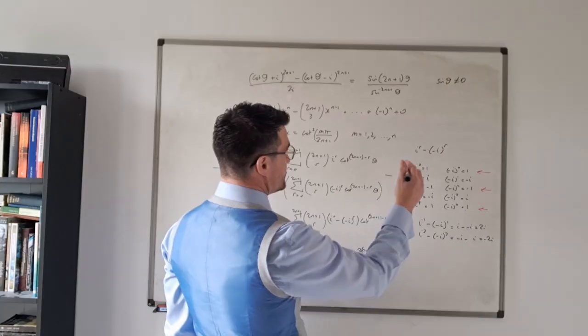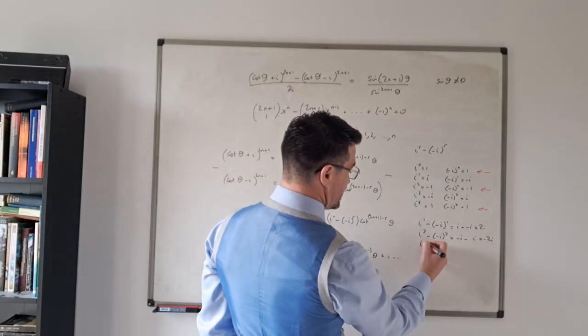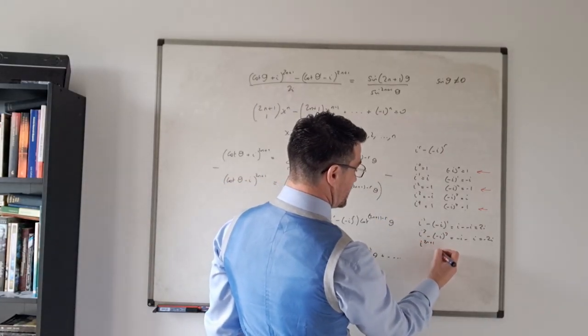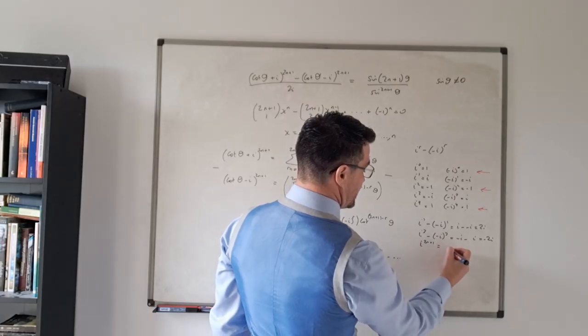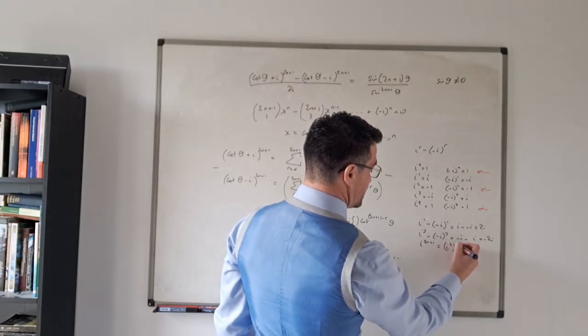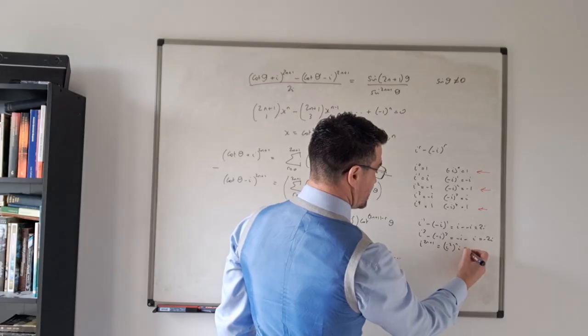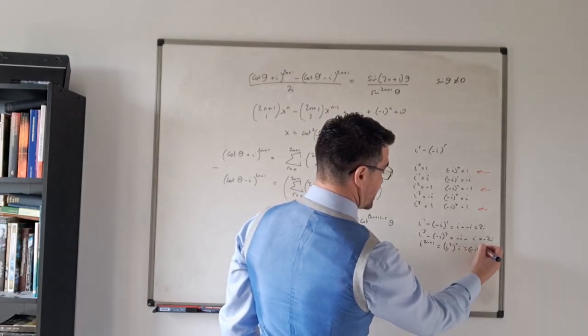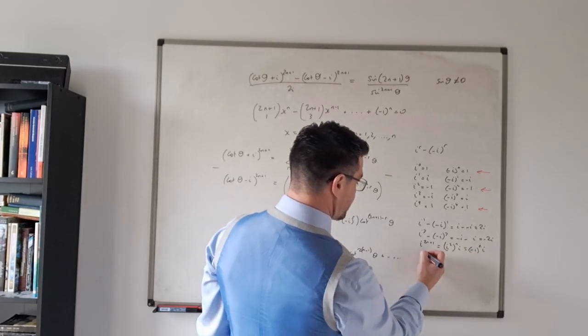Now we get to i to the 2n plus 1, which is equal to i to the power of 2 to the power of n times i, which is minus 1 to the power of n times i.